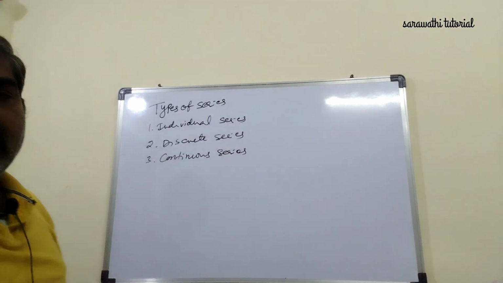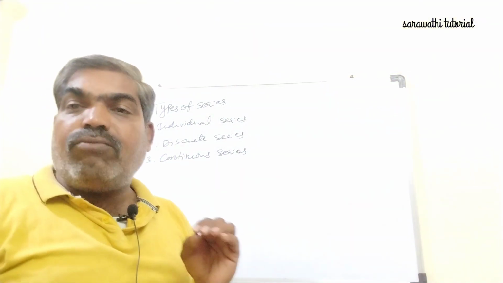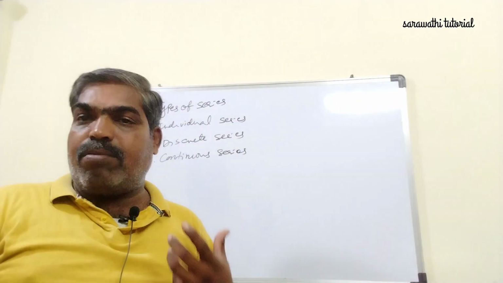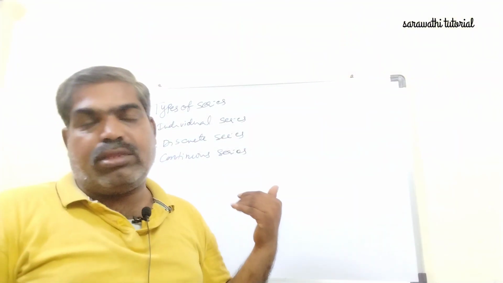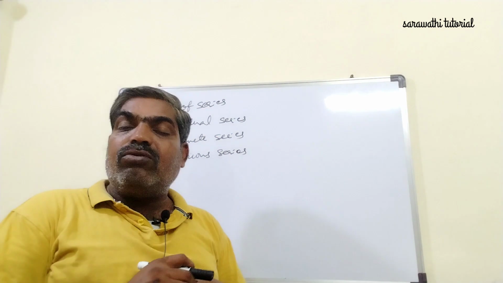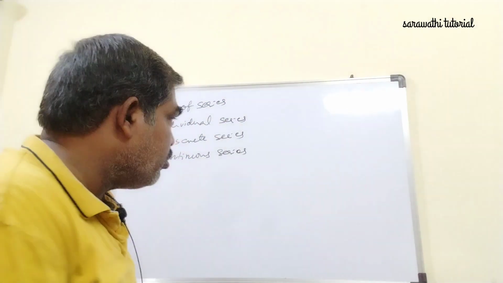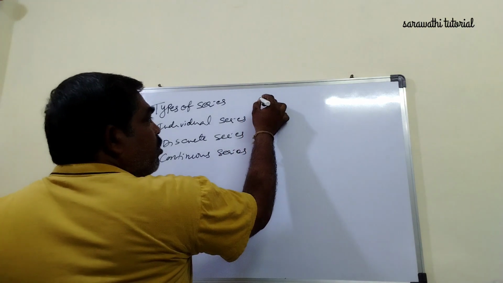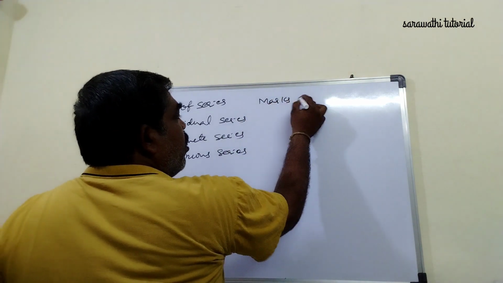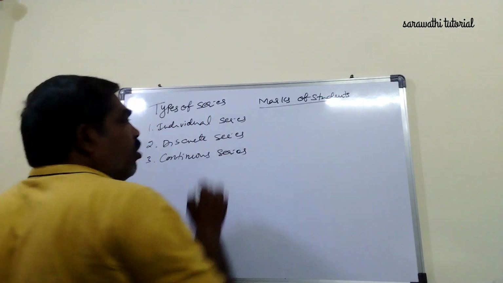But what is the meaning of individual series? Whatever the data we collected, the primary data, individual wise, person to person. That is, when the data is arranged person wise, individual. For example, I took the marks of the students.